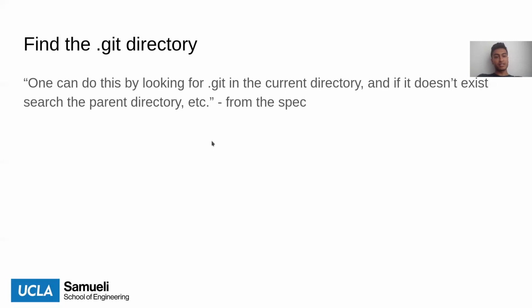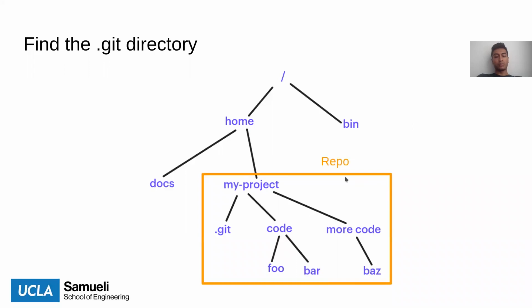And in the spec, it says one can do this by looking for .git in the current directory, and if it doesn't exist, search the parent directory, etc. So what does this mean? Basically, what makes a Git repo is the .git directory. So if there's a .git directory under another directory, then my project here is a Git repo because of the .git directory under it.